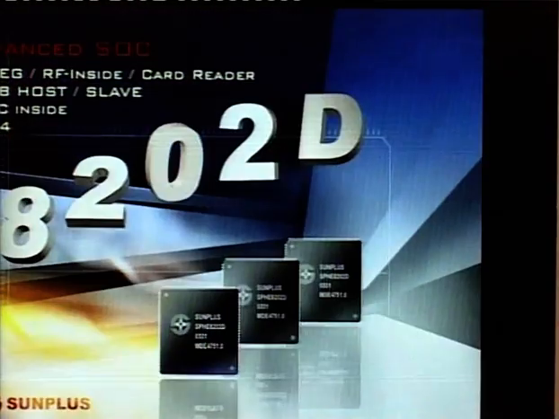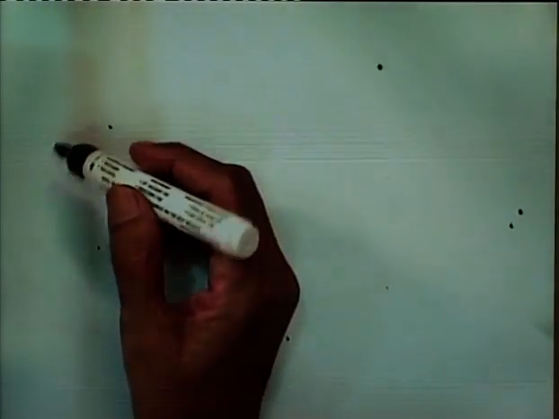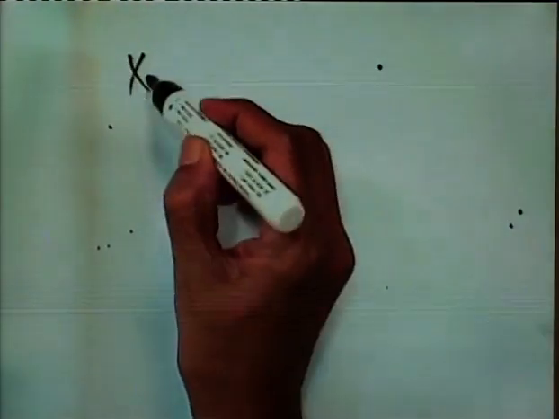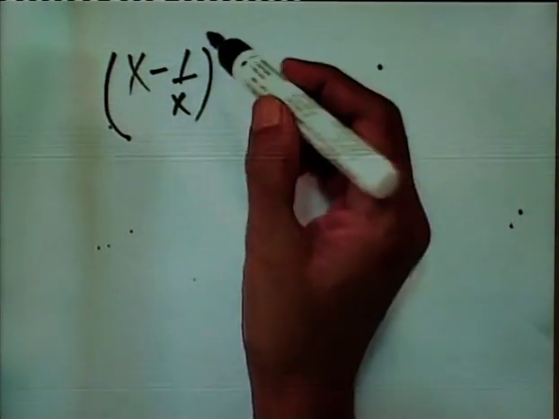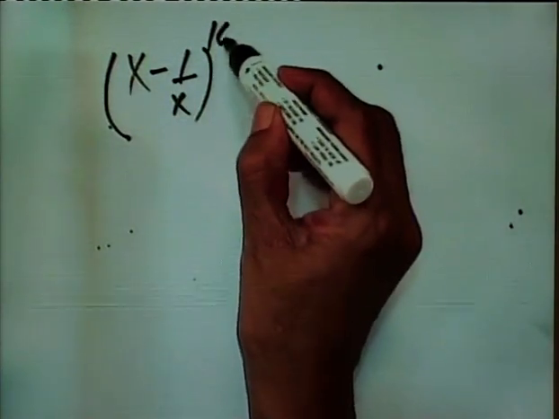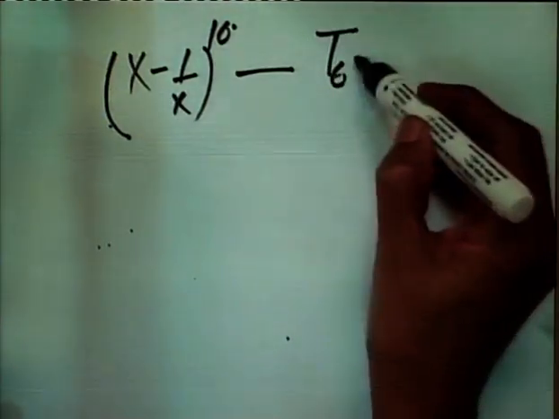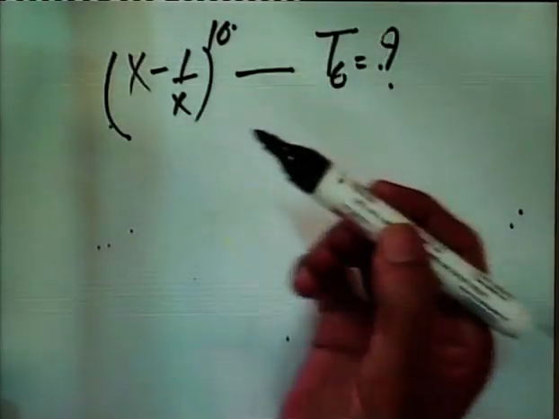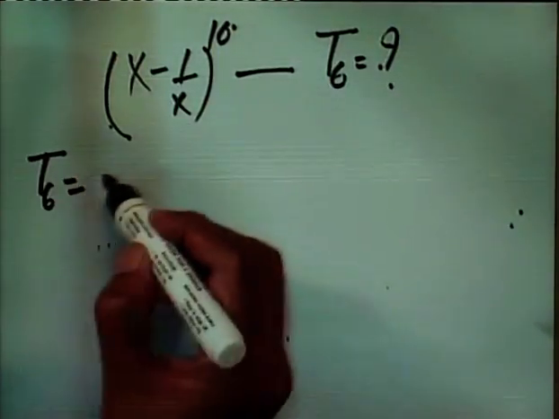You can do more examples. For example, let us say I am giving the same type of example, power is 10 and you have to find out T6.